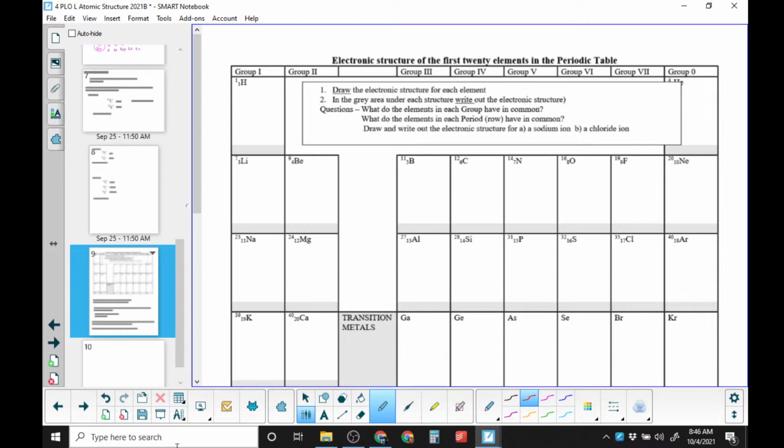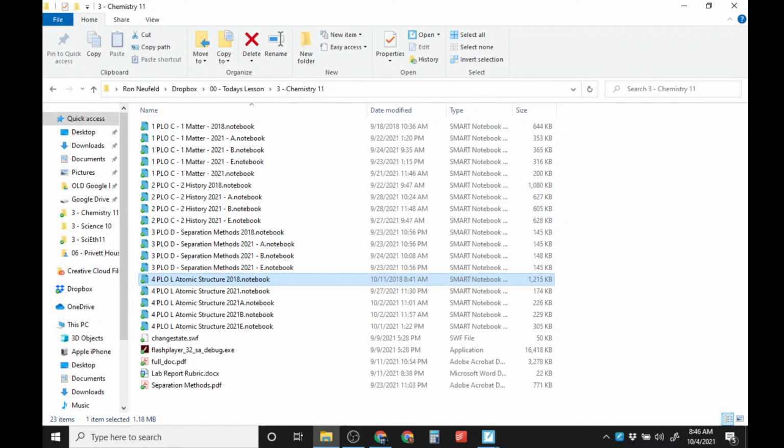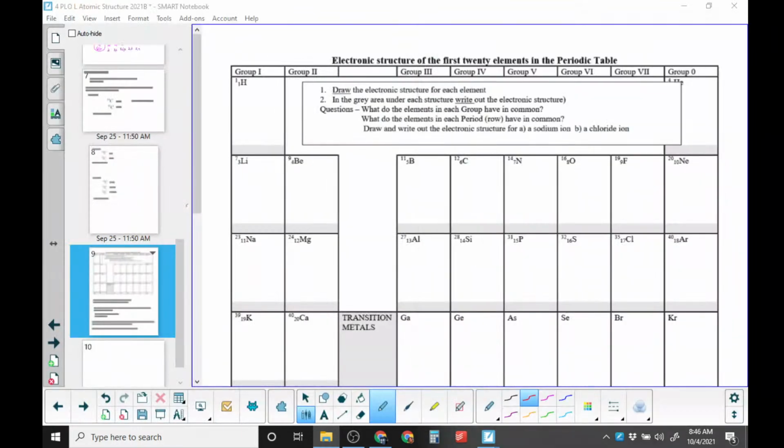In fact, maybe I'll take a moment and let's see if I can start printing off your data tables, which I owe you. Data table, chemistry.